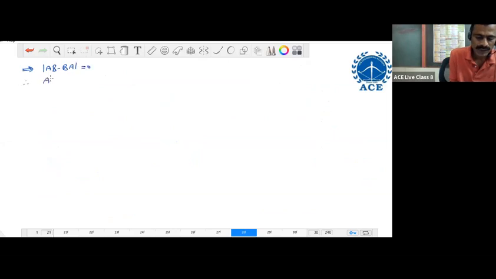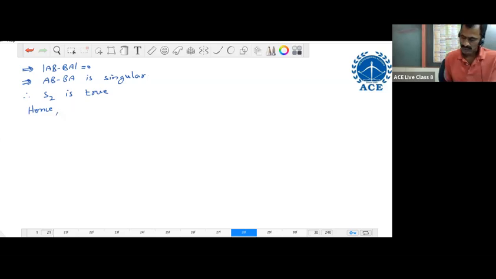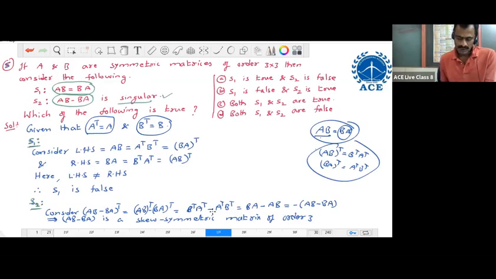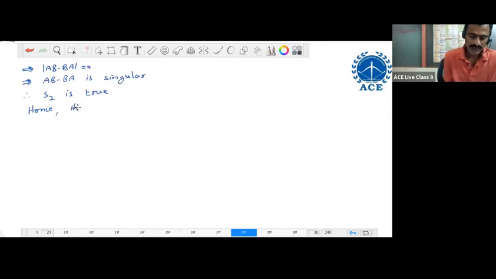Therefore AB minus BA is singular. Therefore, S2 is true. Hence, S1 is false, S2 is true. That is option B is correct. Hence, option B is true.